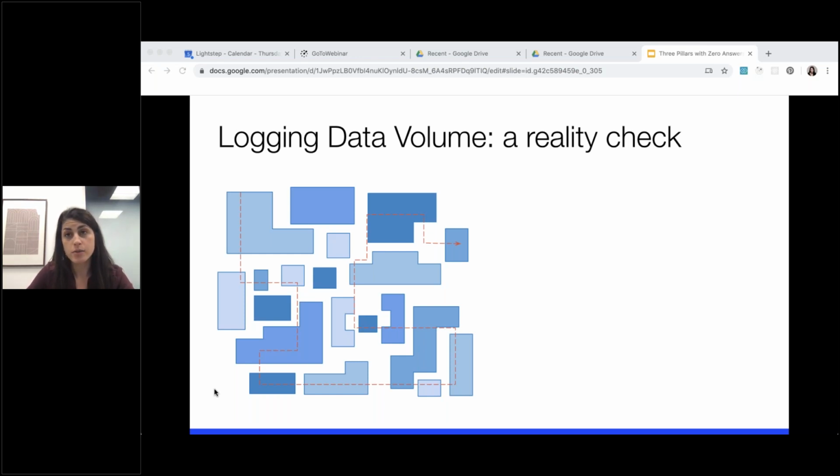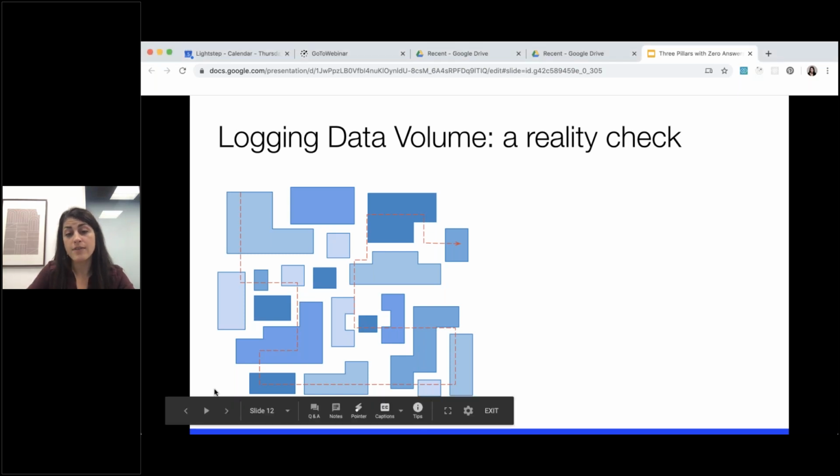So if you want to use logging to understand these transactions, now we have to log at each entry point and each exit point for each service, or at each ingress and egress operation for each service.